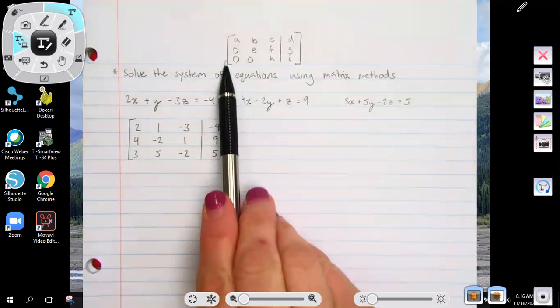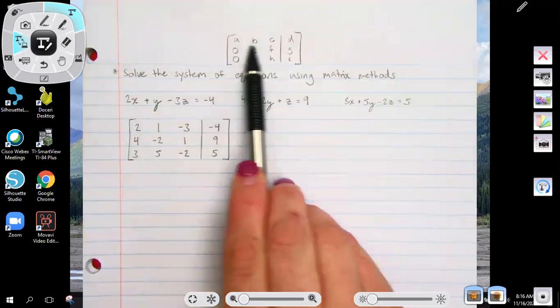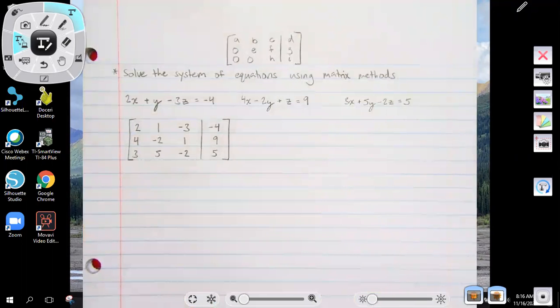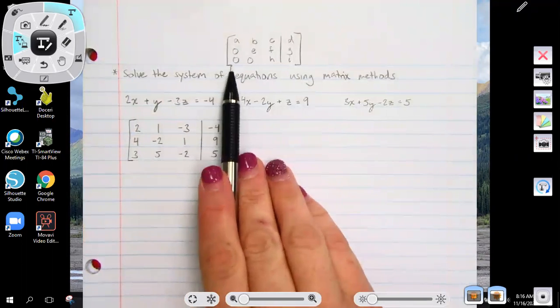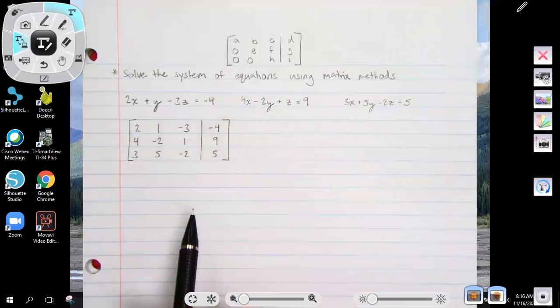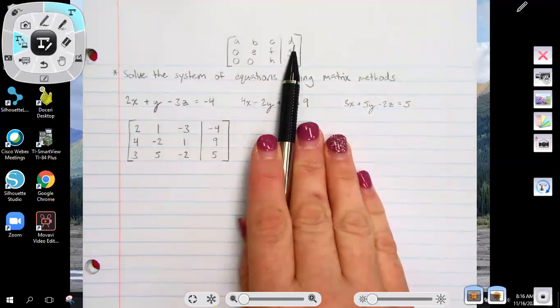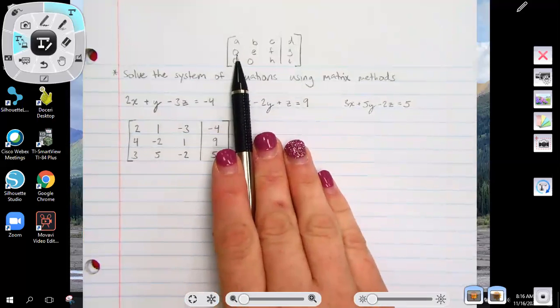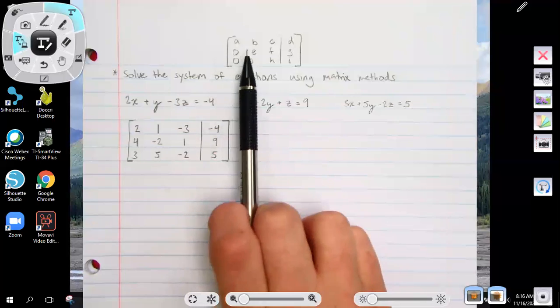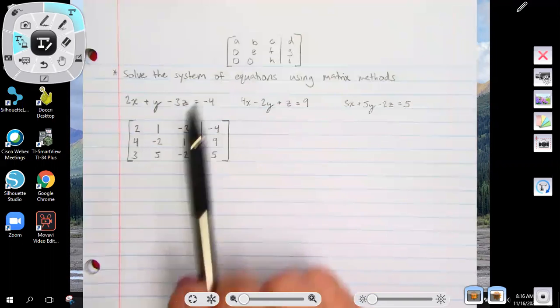We need zeros in these three spots in this bottom left corner. The rest of these numbers, we don't care what they are. They could be anything. That's why I just put variables in. As long as these three spots in our matrix are 0, then we're good. So we don't have to change the first row at all. We move on and we look at the second row and we get this first number to become a 0. Then we move on to the third row and we get these two numbers to become zeros.